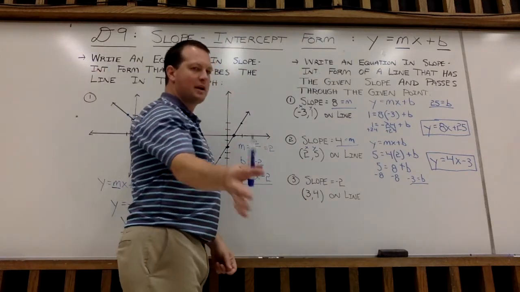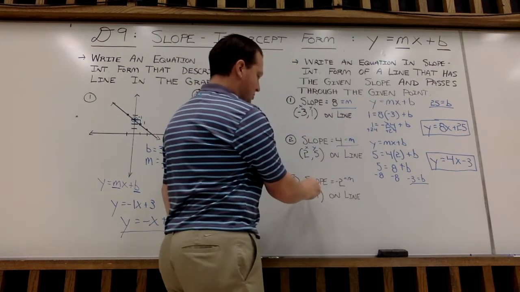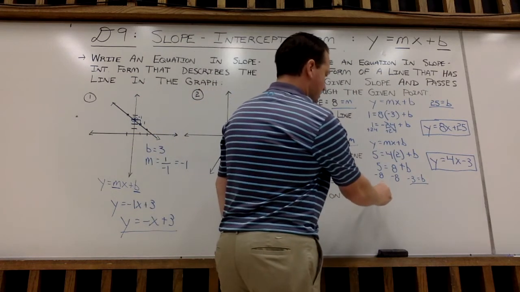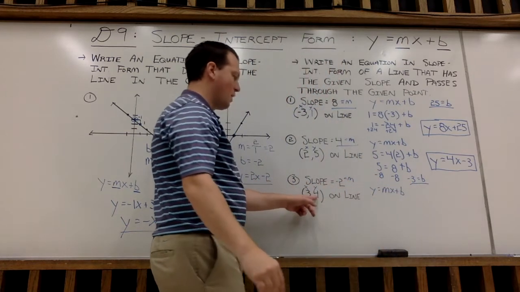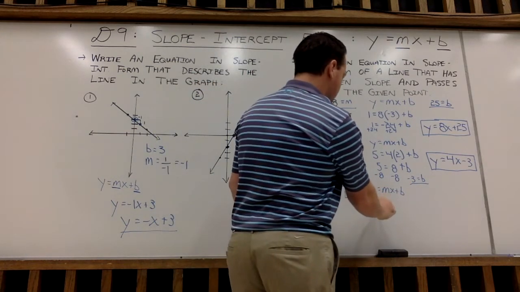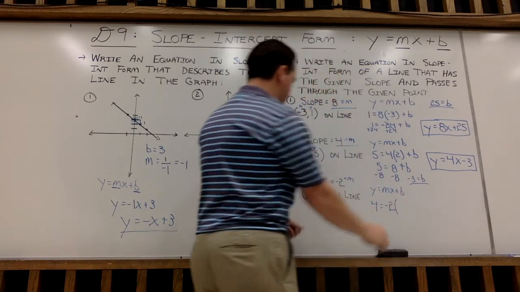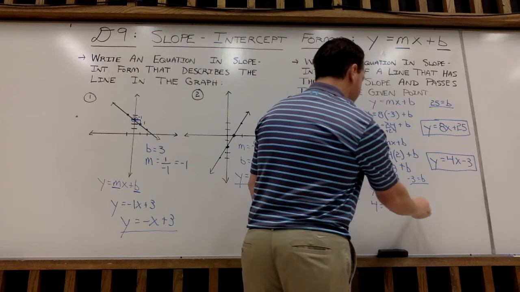Last one. m is -2, x is 3, y is 4. So I'm going to go into y equals mx plus b. Y coordinate is 4. M is -2 times x is 3 plus b.